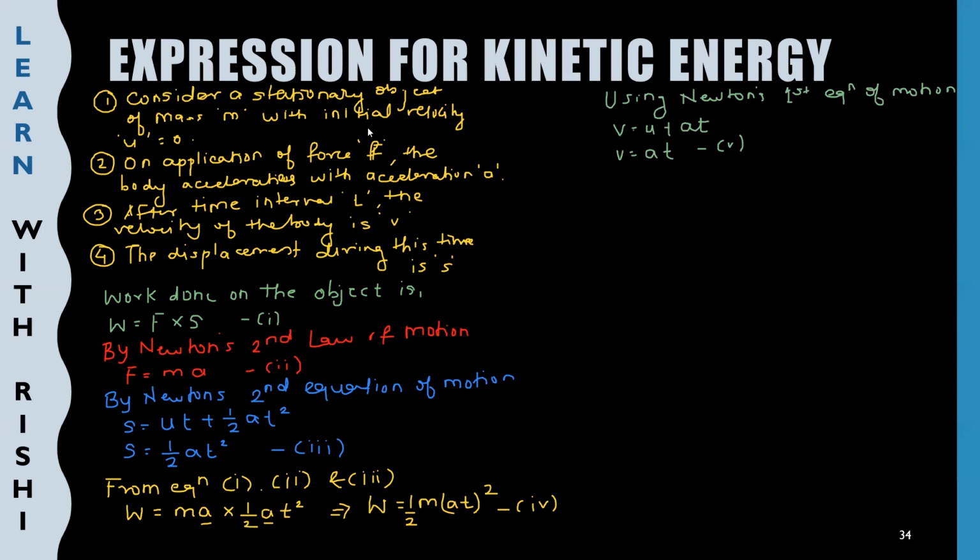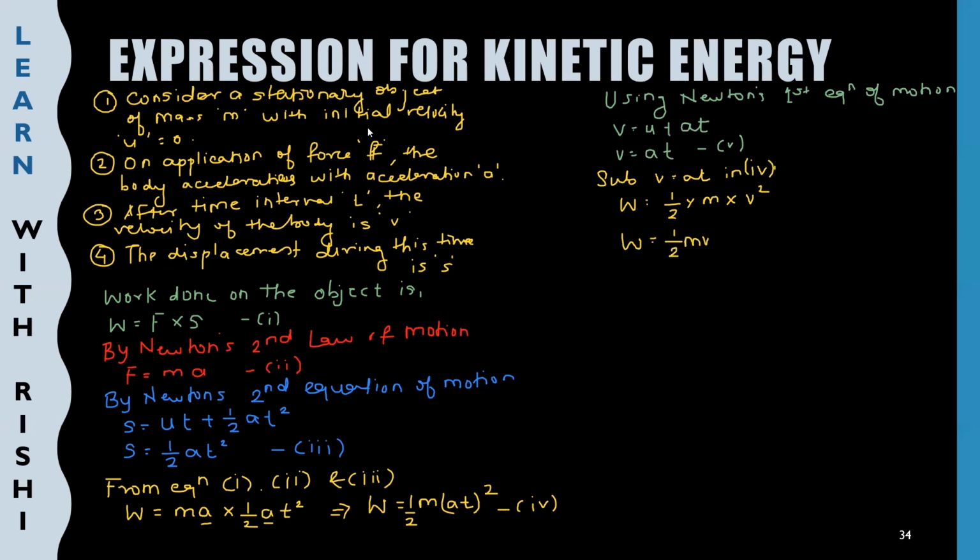Now we have to substitute V is equal to at in equation number 4. So we are going to get work done is equal to half into m into, in place of at, we will write V, so it will be V square. So finally, we are going to get work done is equal to half mv square.